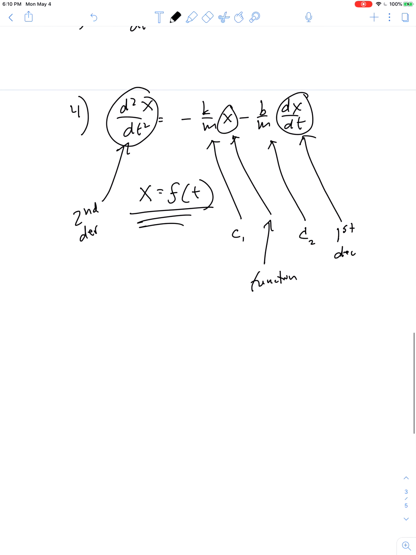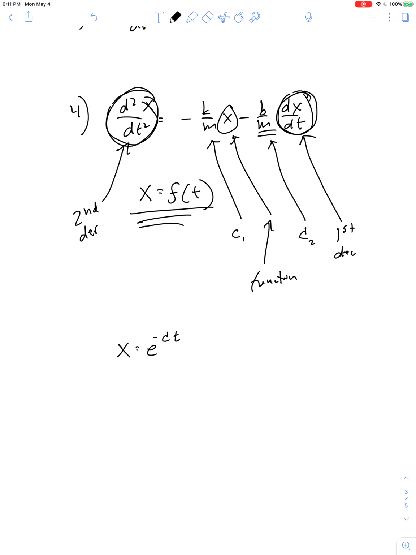So what type of functions have a first derivative that differs from the second derivative just by a constant? Well, how about a function like x equals e to some constant times t? Or x equals e to some negative constant times t, I should say.